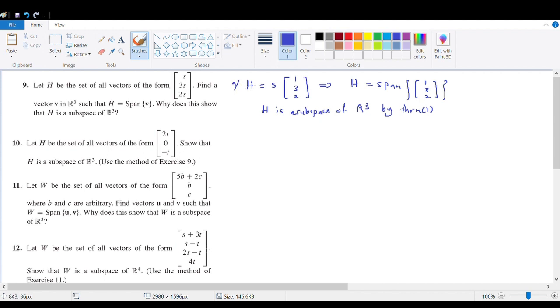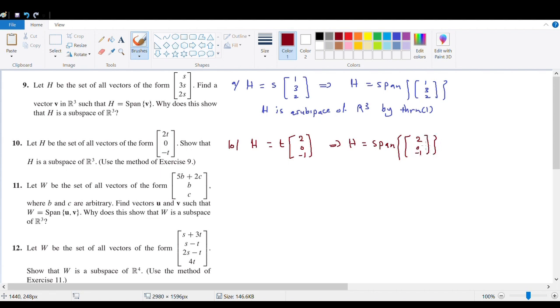So now for 10, let H be the set of all vectors of the form (2t, 0, minus t). Show that H is a subspace of R3. So similarly here we need to rewrite H. H will be equal, if we take t as a common factor, to t times (2, 0, minus 1). So from here H is equal to the span, all the linear combinations, of the vector (2, 0, minus 1).